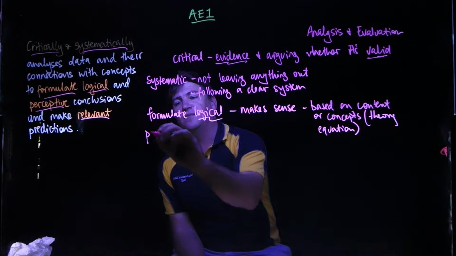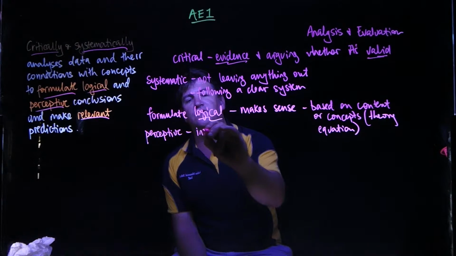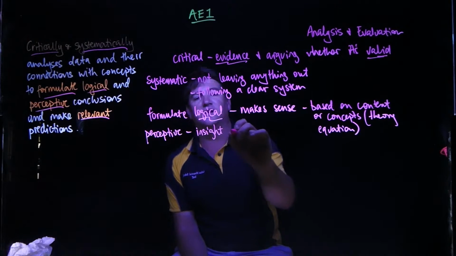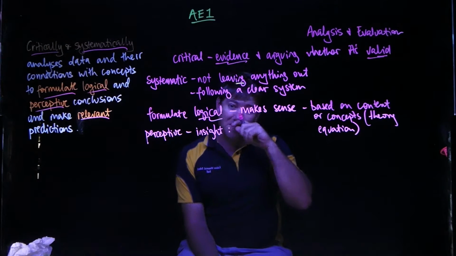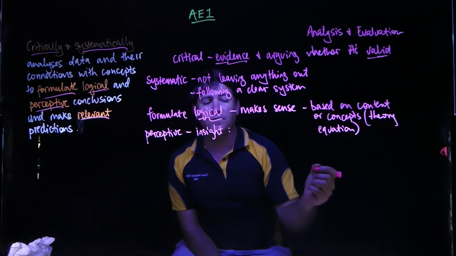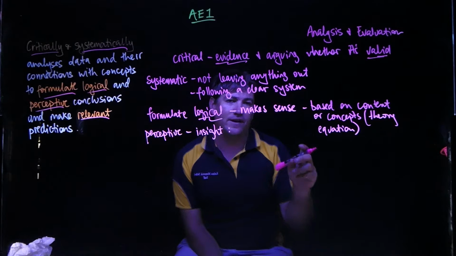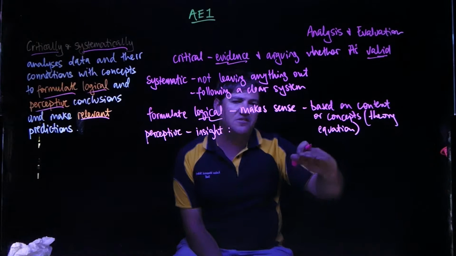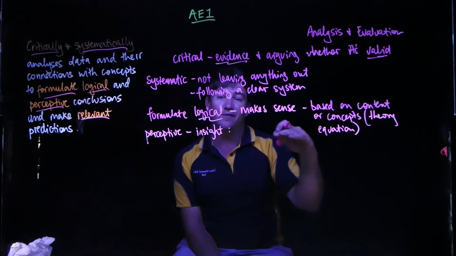If it is perceptive, what it shows is some sort of insight. So you're not just stating the obvious, you're going a little bit deeper. With the circular motion experiment, you might use the fact that the rubber stopper is hanging just a little bit below horizontal because it isn't rotating perfectly in a flat plane.